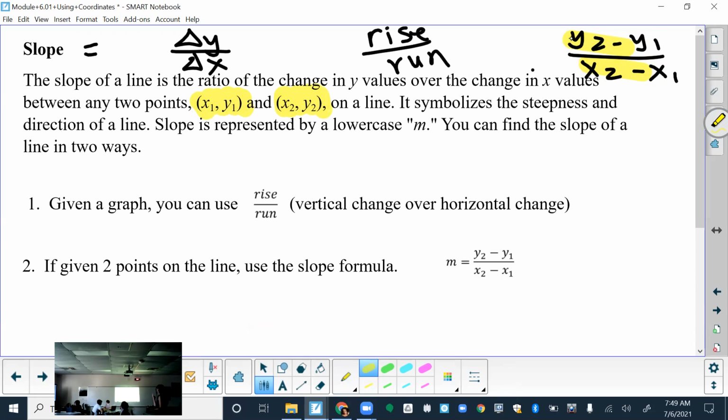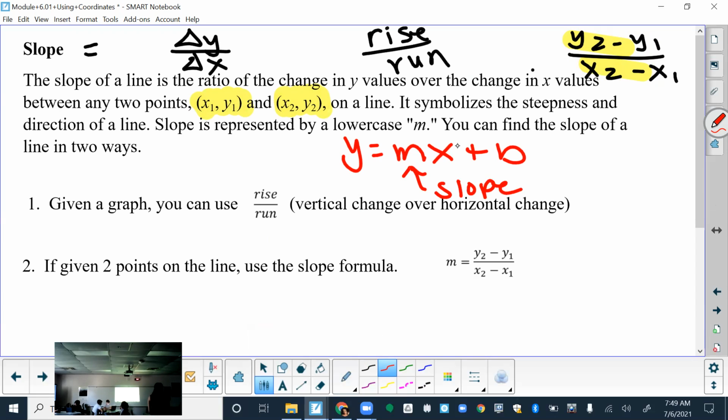Again, slope is the steepness of a line, represented by m in the slope-intercept form equation. So m would be slope. What does the b represent? That's your y-intercept.